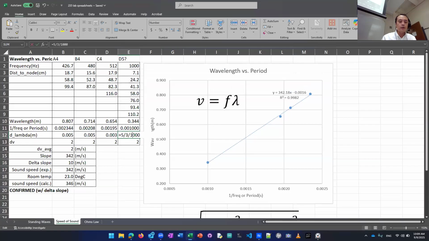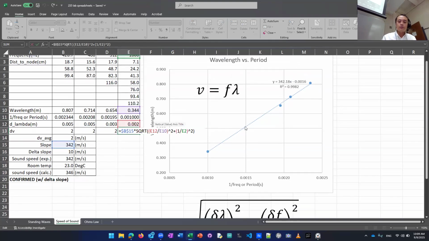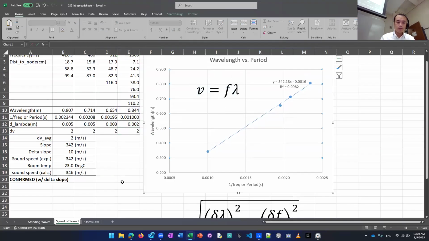Give me a second here. Double click this. So the speed is where I got the slope of the dots, which is the speed of sound. Because if you look at it, I have wavelengths versus 1 over frequency. So if I rewrite this formula here, I'll get a second copy.